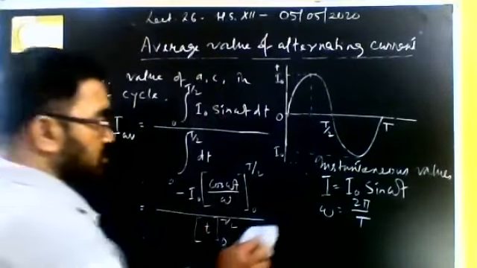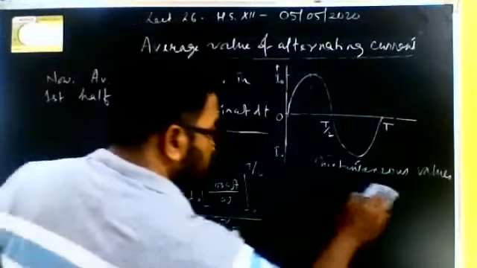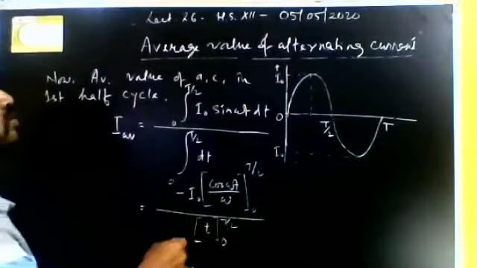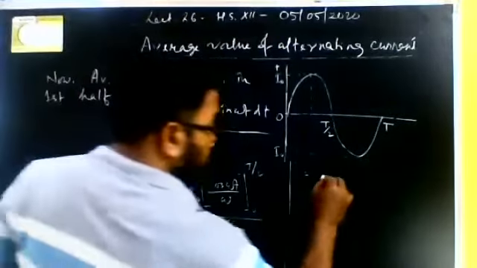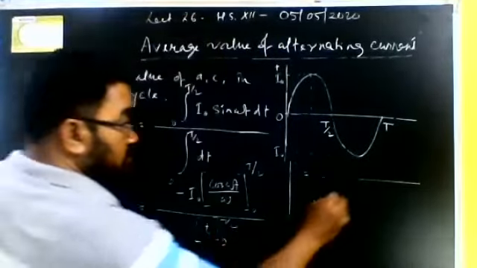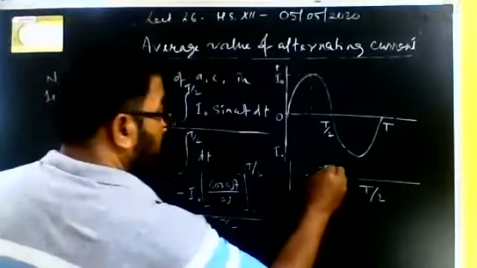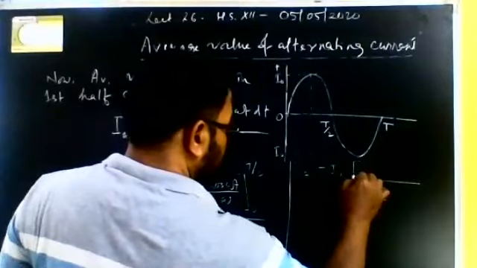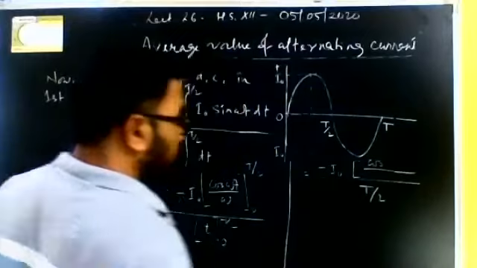Now let us put the values. If you put the value, what will you get? Here this is T by 2, minus I naught, and cos omega t.